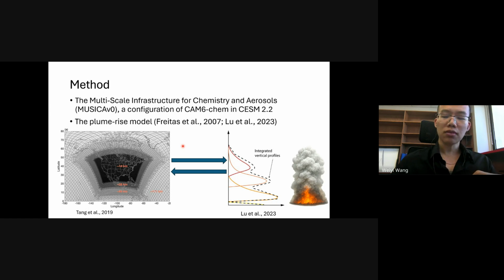Using these two models, we conducted two experiments, and the difference between experiments with and without plume rise represents the effects of injection heights. And to reduce the bias in aerosol transport caused by atmospheric circulations, the horizontal winds are nudged to MERRA-2 reanalysis data in both experiments.